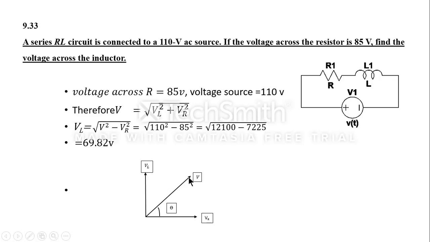Thus, by Pythagoras theorem, V square is equal to VL square plus VR square, which gives V is equal to root of VL square plus VR square. So we can find VL is equal to root of V square minus VR square, which is equal to root of 110 square minus 85 square, which is equal to 89.82 volts.